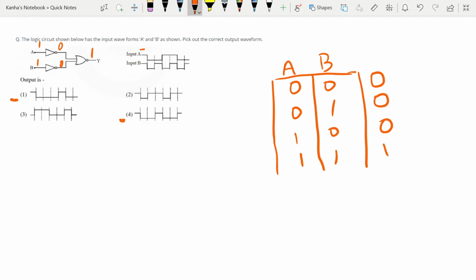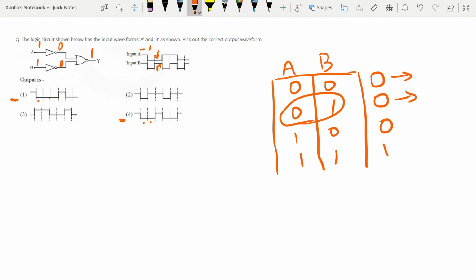Next, for the first half, you have A to be 0 and B to be 0. When both are 0, you are supposed to get 0, which is true in both the cases. Now when B is 1 but A is 0, you again are supposed to get 0, and you get 0 in both the cases.